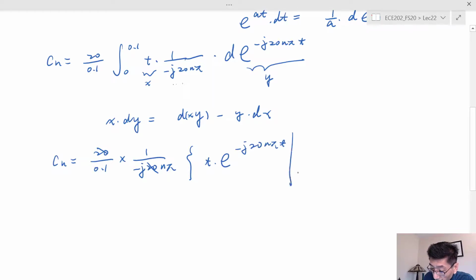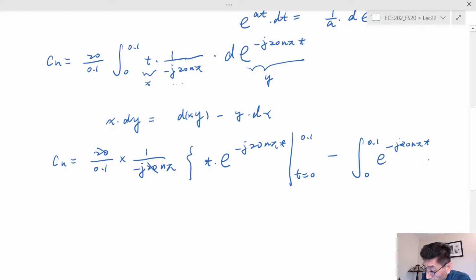We evaluate that at t equals 0 and 0.1. The lower limit t, because we have a t here, that term is 0. And then we have the other term, which is minus y dx, and that one we have from 0 to 0.1, y is e to the minus j 20 n pi t.